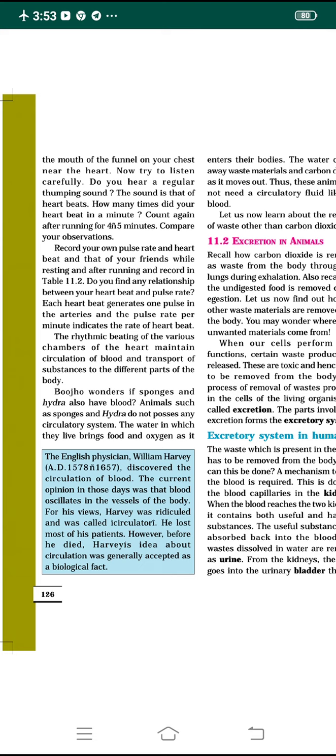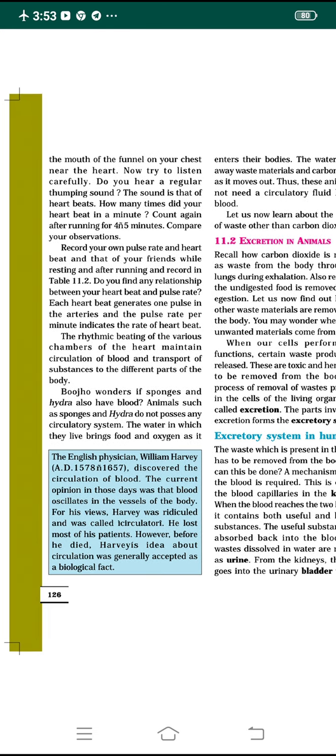If you listen carefully, you will hear a regular thumping sound. This sound is the heartbeat. We can count how many times the heart beats in a minute. It is around 72 times per minute in an adult person.